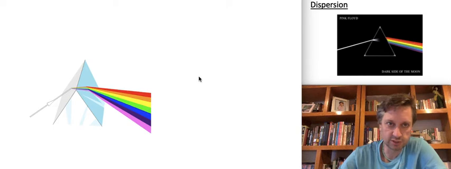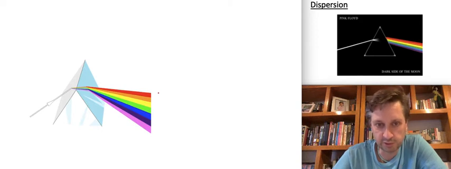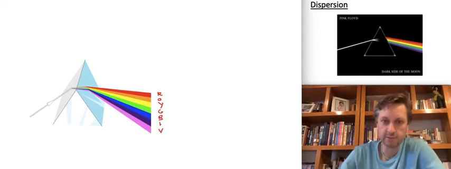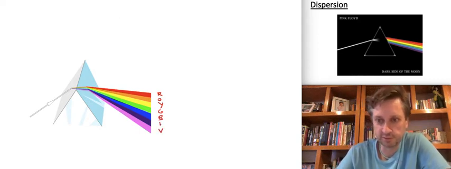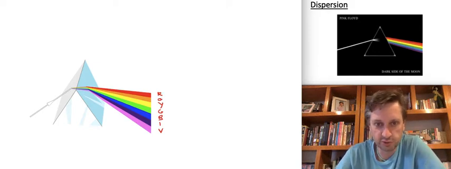Now the syllabus does say you need to remember the order of this dispersion. And the way you remember it, please, is, I know we've talked about this in the class, you need to remember it in order. Roy, G, Biv. Or if you're a bit more lyrical than me, when I was at school, we were taught the rhyme, or the mnemonic, Richard of York gave battle in vain.